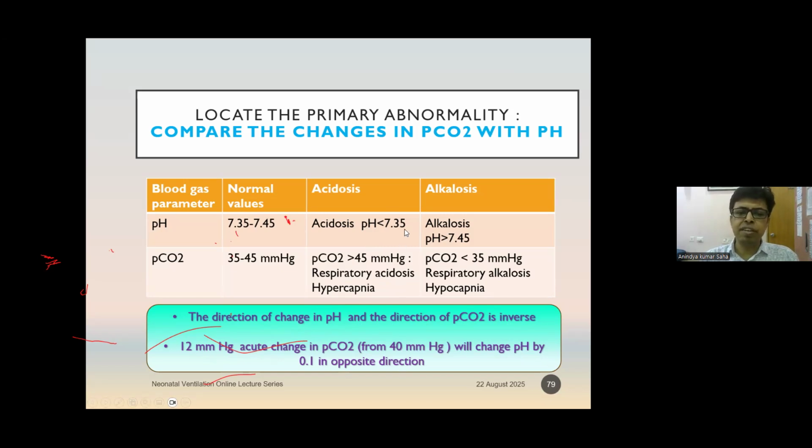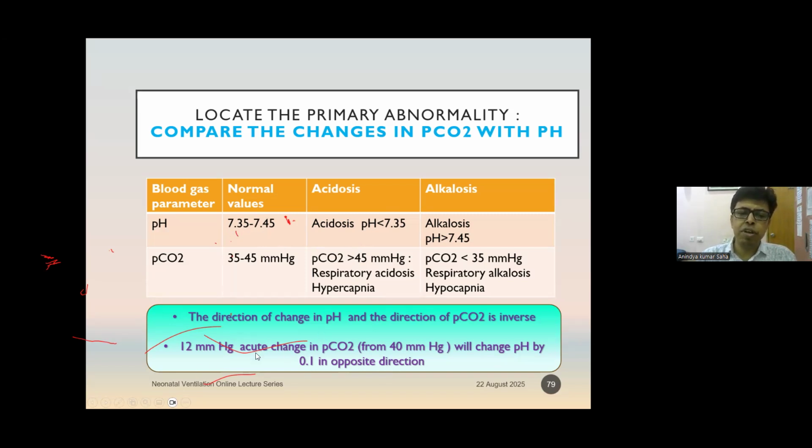In this case, as I showed in the previous example, if the pH is 7.3 and the PCO2 is 65, then the PCO2 is increased by 25. So we expect pH to decrease by 0.2 in the opposite direction, so pH is expected to go from 7.4 to 7.2.